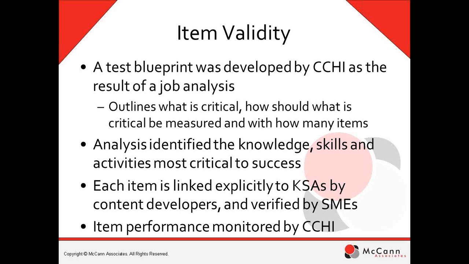Each test item is explicitly linked to a KSA, or a knowledge, skill, or activity described in the job analysis report. The test content developers completed the initial linkage, and the CCHI-led subject matter experts verified the content developers' linkages. Item performance is continuously monitored by CCHI with assistance from McCann.